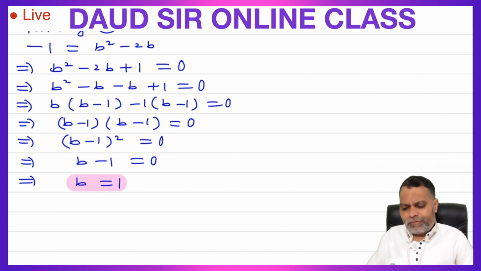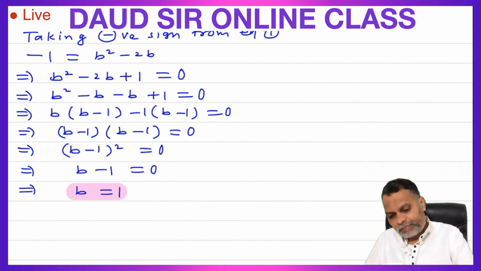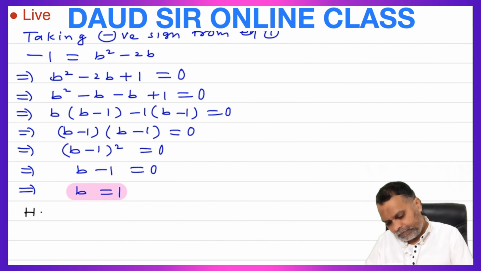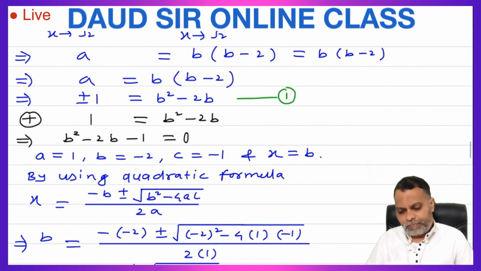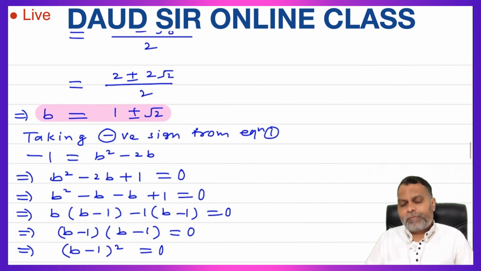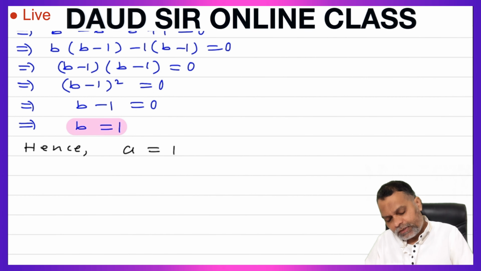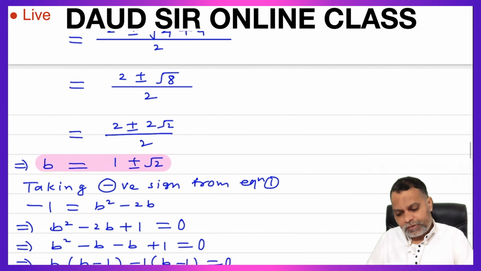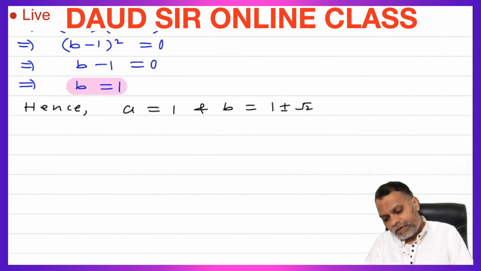So hence the values are: a is equal to 1 when we got b is equal to 1 plus minus root 2. a is equal to 1 and b is equal to 1 plus minus root 2.